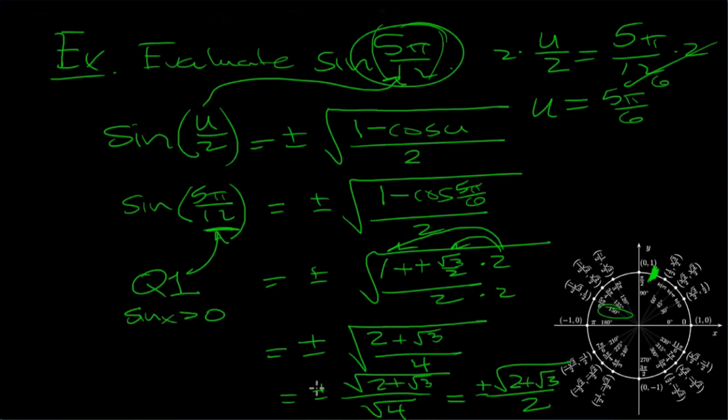And so I would have a positive answer, not a negative answer. So when I'm all done, the sine of u over 2, the sine of 5 pi over 12, that was my original problem, would be positive square root of 2 plus root 3 over 2.